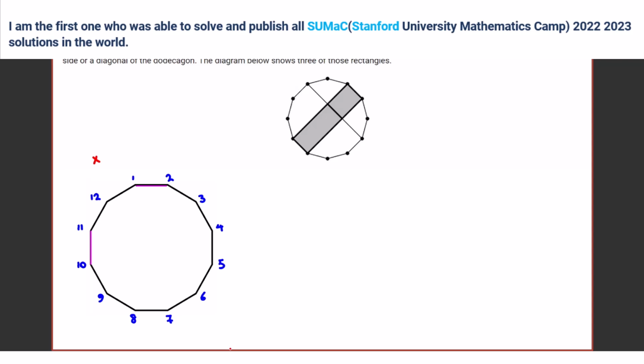Suppose we consider all the rectangles that are parallel to these two slopes. Then we should multiply this by what? Look, this one is parallel to this one, and this one. These two lines are parallel to each other, and these two lines are perpendicular to them.